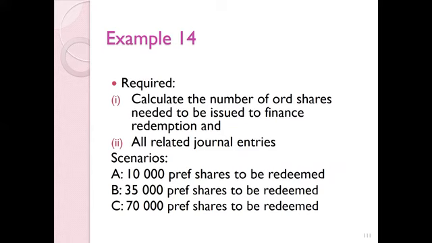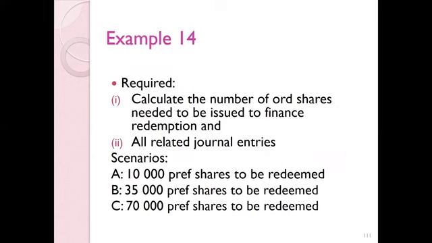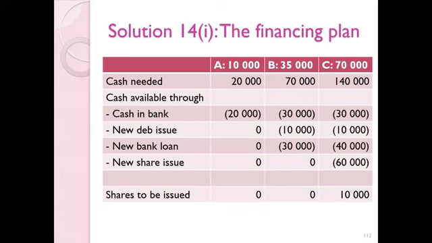So let's firstly focus on scenario A. We've got 10,000 preference shares to be redeemed. So how much money do we need to pay back for 10,000 preference shares? Well, they're going to be redeemed at a price of R2 each. 10,000 preference shares at R2 each means that for scenario A, we need 20,000 rand. So look at the first column of this table.